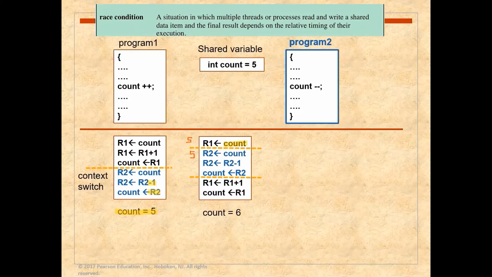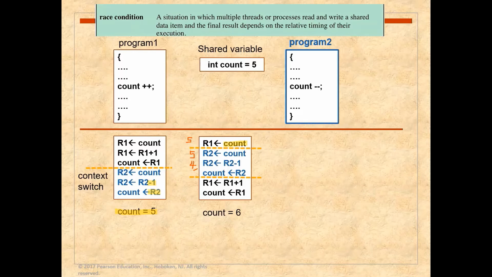And then the register is decreased by 1 and becomes 4. And now the value of count becomes 4. On the other hand, program 1 continues to execute.